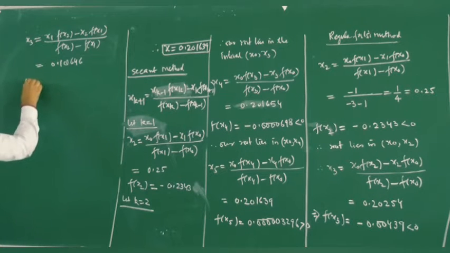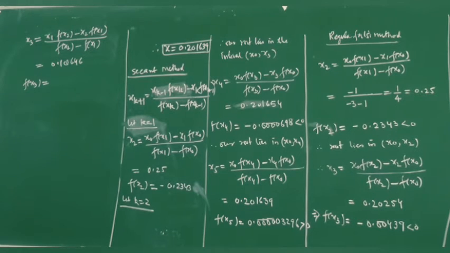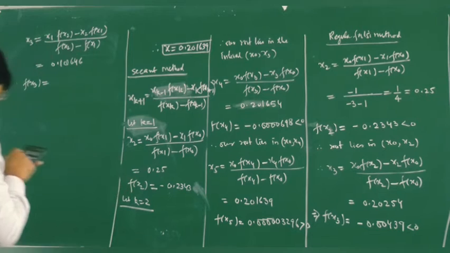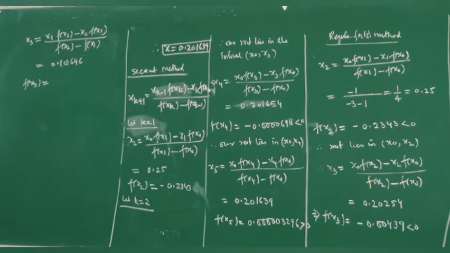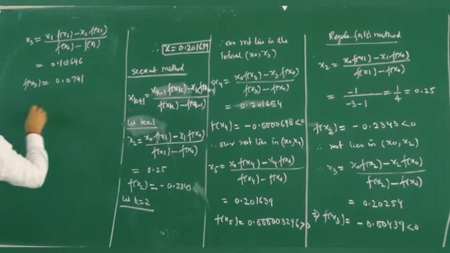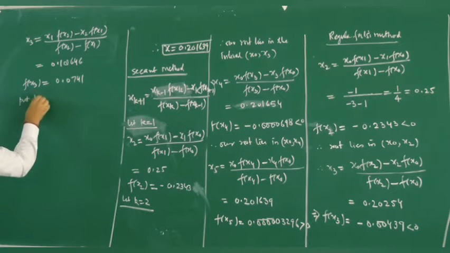Now the value of the function at this x3, our function was x cube minus 5x plus 1, at 0.18646 is equal to 0.0741.